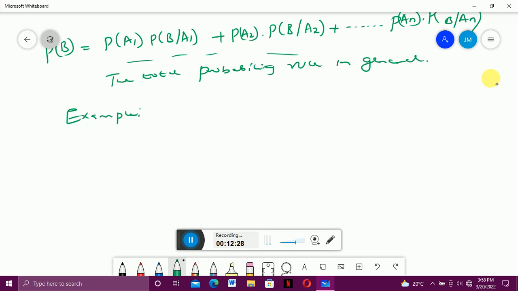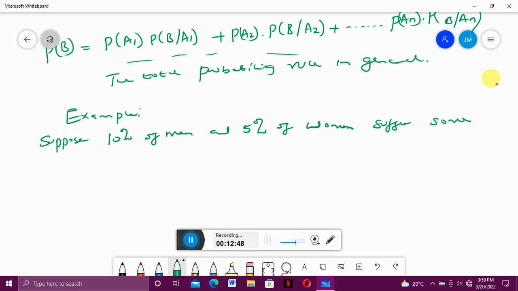So we write it here. It says suppose 10% of men and 5% of women suffer some form of color blindness.